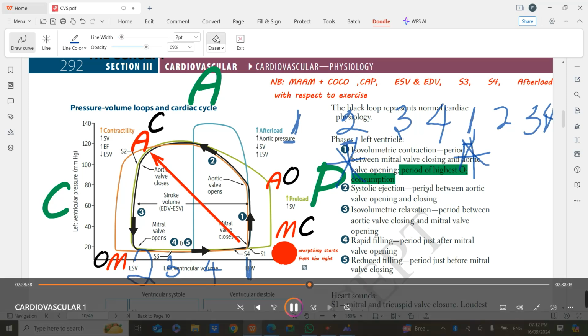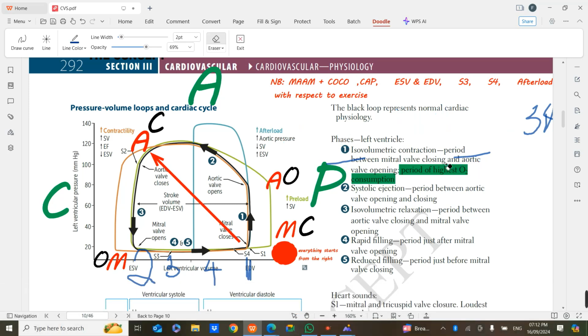The last but not the least here is about the CAP. If the question does not flow with S1, S2, S3, S4, where the mitral valve is closing, where the aortic valve is opening, and so on, the question may be related to what do you think is the diagnosis? When you see the cuff like this, cap it.